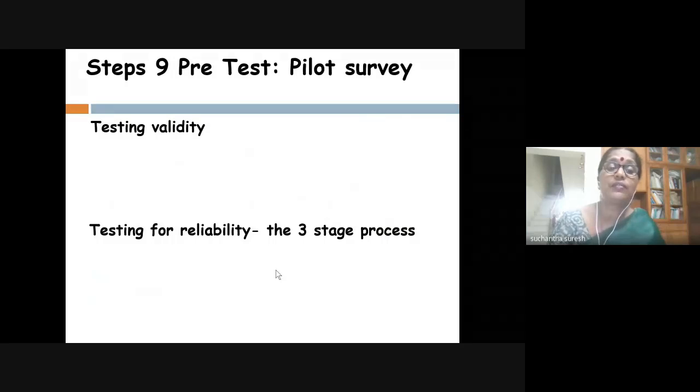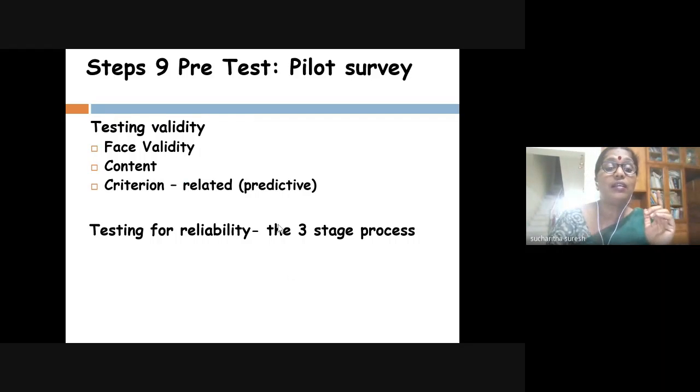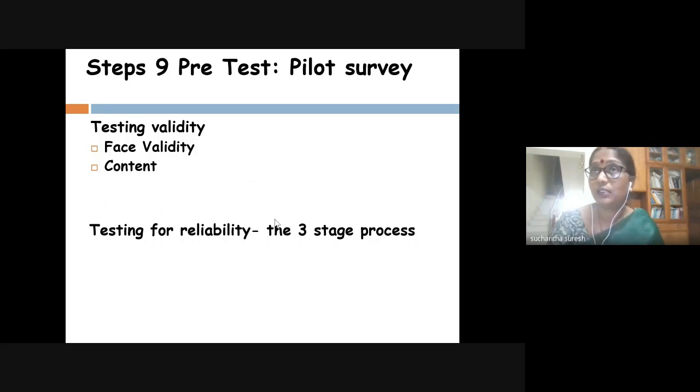How much is enough? Testing face validity and content validity is enough. There are four types: face validity, content validity, criterion validity, and construct validity. But for us, face validity and content validity is enough. Face validity is that the researcher himself has collected and prepared the data.